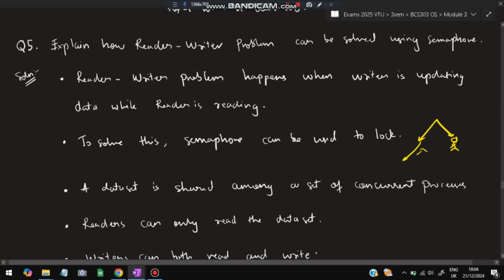This is the reader writer problem. If they are reading and writing at the same time, one reader will have one version of information, another reader will have another version, so there will be a mismatch. That is the reader writer problem.